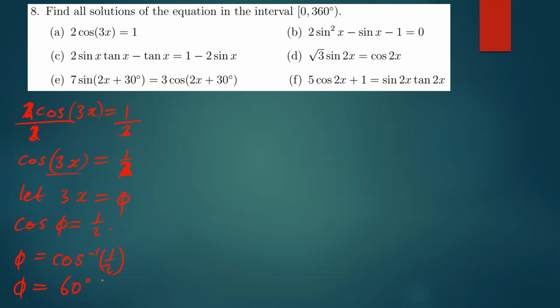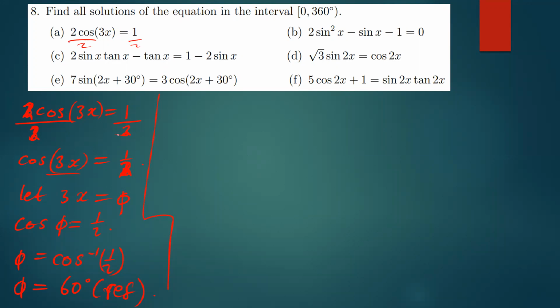So cos inverse of 1 over 2 is simply 60 degrees. This is not the final answer. This is just the reference angle. We're going to use the reference angle to find the answers. How do we use this angle to find the answers? We need to check the symbol that we have in front of this number after dividing by 2.